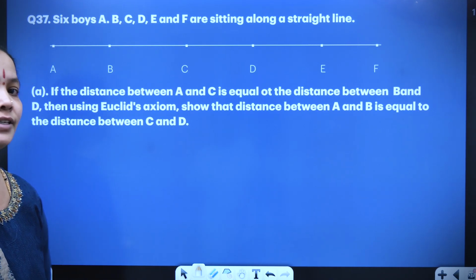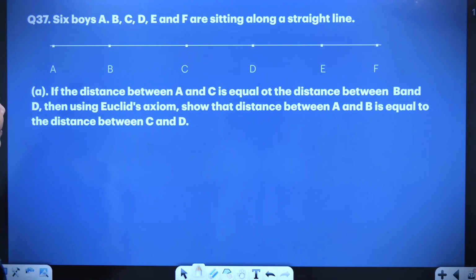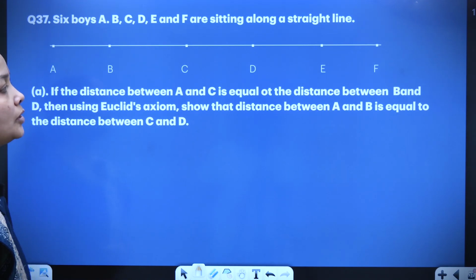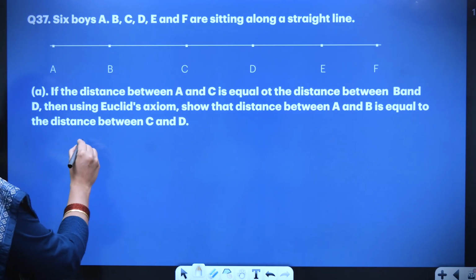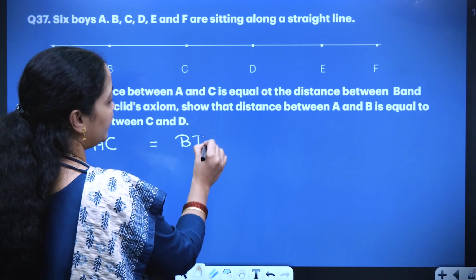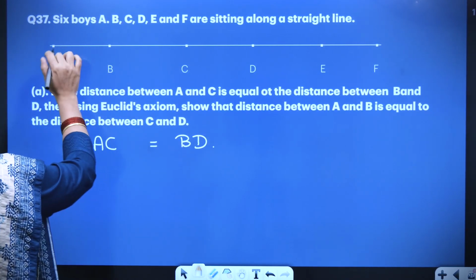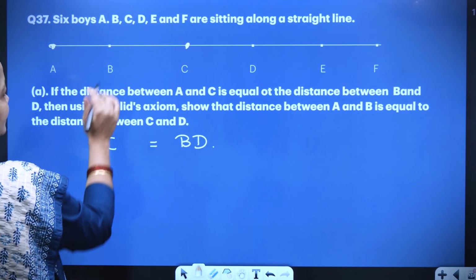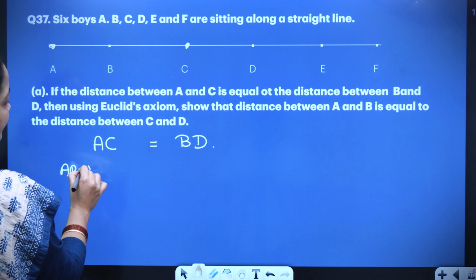Moving to the next case study of the question paper. 6 boys A, B, C, D, E and F are sitting along a straight line. In this first question they are asking us, if the distance between A and C is equal to the distance between B and D. So it's clearly given that the distance AC is equal to the distance BD. When I am checking the points A and C, I can write this line segment as the sum of AB plus BC.